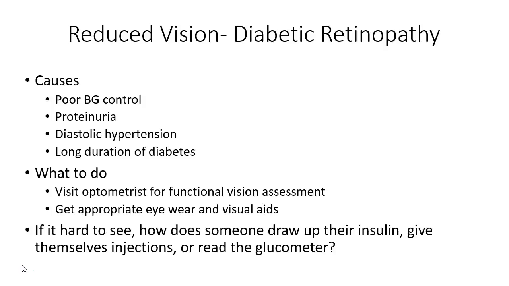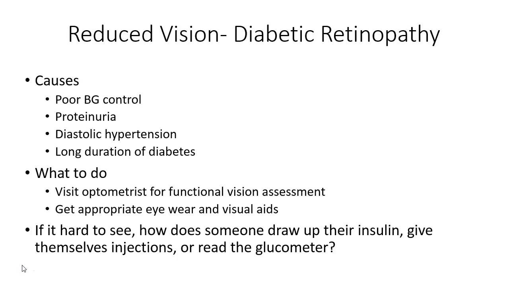All right, so other issues with diabetes, you have reduced vision or diabetic retinopathy. Causes could be poor blood glucose control. You have proteinuria, you have diastolic hypertension, and you have long duration of diabetes.